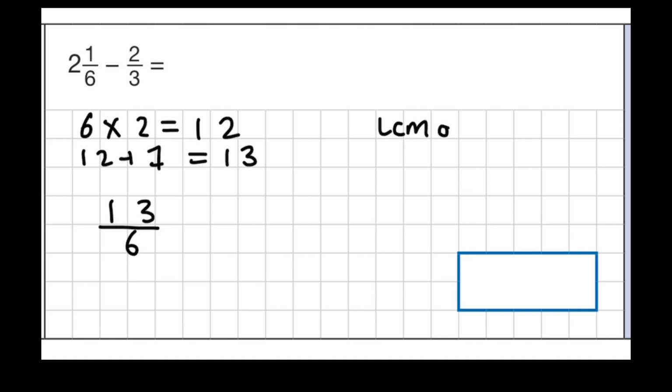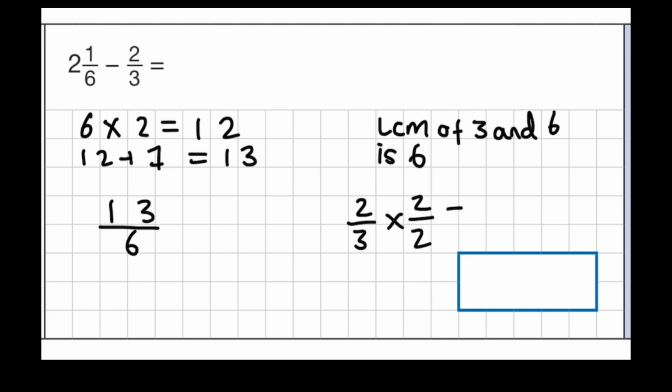So as before, when subtracting, we need to make the denominators the same using equivalent fractions. The lowest common multiple of 3 and 6 is 6, as 6 is a multiple of 3, as 6 is 3 times 2. So I need to times 2/3 by 2/2. 2 times 2 is 4 and 3 times 2 is 6.